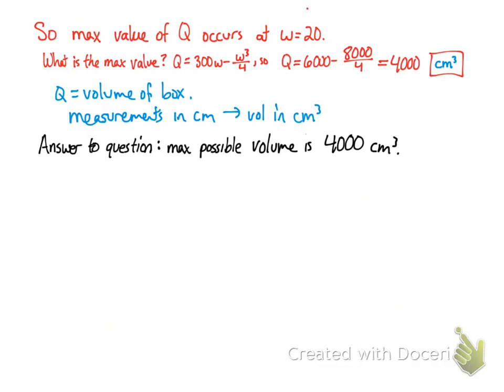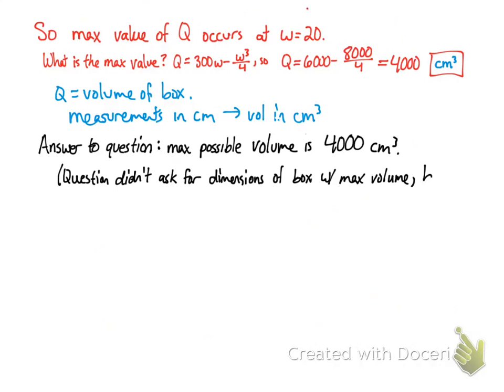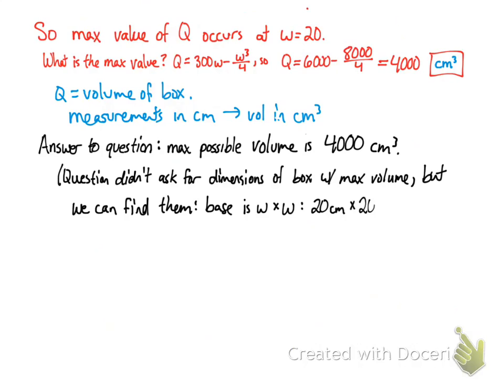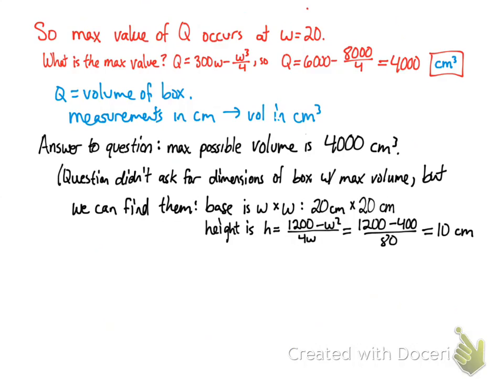Okay, so the answer to the question is the biggest volume box I can make has a volume of 4,000 cubic centimeters. Now, the question didn't ask this, but we can also give the dimensions of the box that will produce that maximum volume, because we know the base is w by w, and we know w is 20 centimeters by 20 centimeters. What's the height of the box? Well, we have a formula for height. Plug in w equals 20, and we get 10. So the height is 10 centimeters.